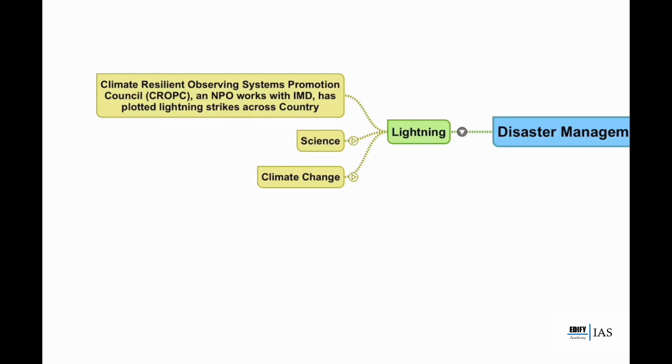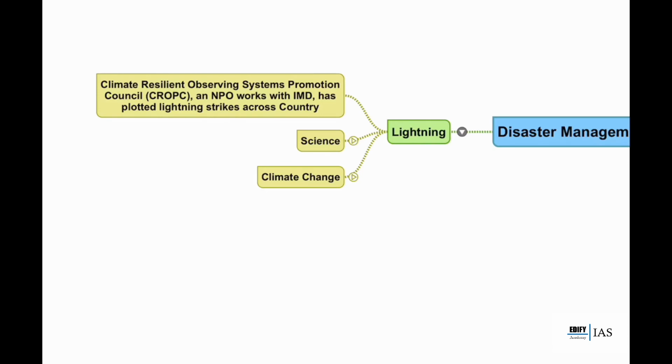So lightning is a very important disaster that we need to understand. This CROPC has taken an initiative to plot lightning strikes across the country so that we are better able to understand and keep ourselves prepared for this attack from nature itself, right?